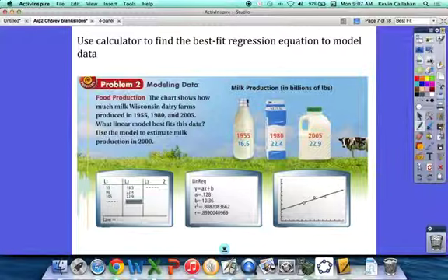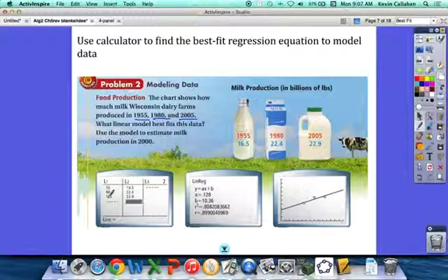Now notice, and this is pretty typical, that when you've got years as your X values, usually you don't say 2000 or 1900, and usually it's defined in the problem. This one says, instead of putting 1955, 1980, put 55 and 80. Just make it the years after 1900 instead of using the whole thing.